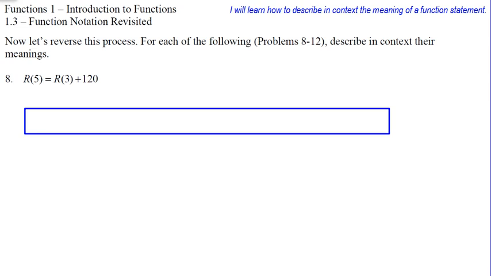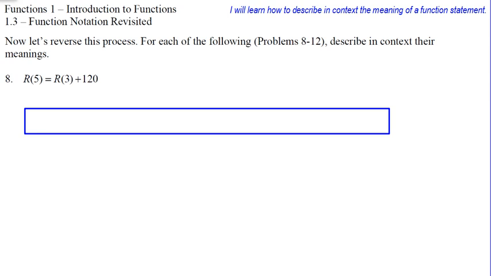I've already discussed what R of 5 means. R of 5 is the revenue in 5 minutes, and R of 3 is the revenue of 3 minutes of advertising. And 120 is 120 more. Can you try problems 8 to 12 first on your own and then come back when you're ready?